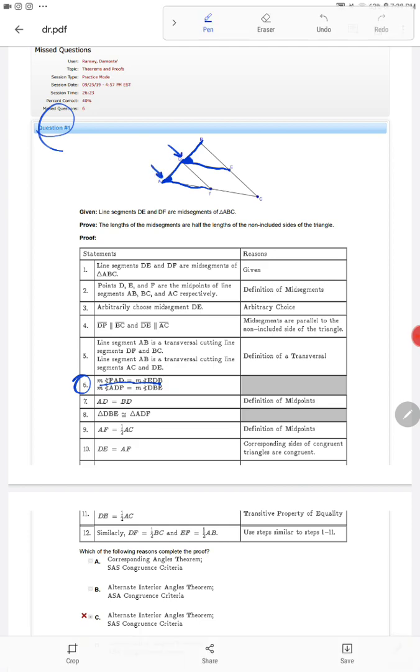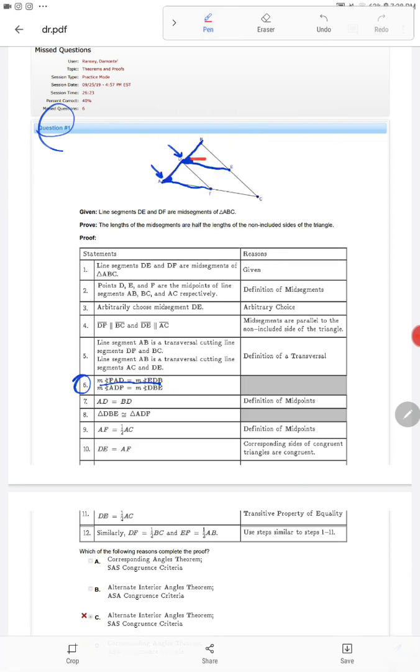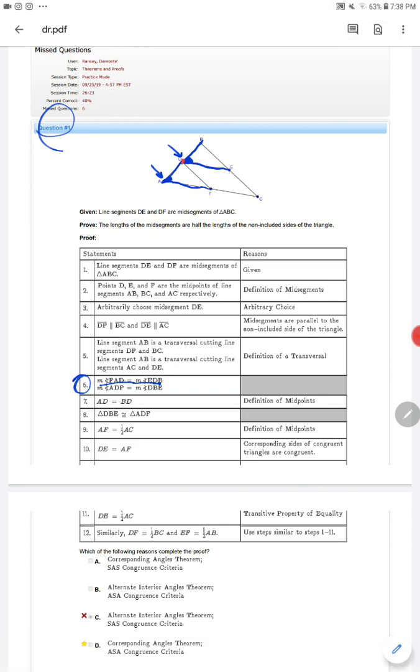These are called corresponding angles because they are looking at the same direction actually. They are both on the top right side of their points, of their vertices. So these are called corresponding angles. I'm pretty sure that the other one is going to be corresponding as well. So that's what this one would be, corresponding angles.